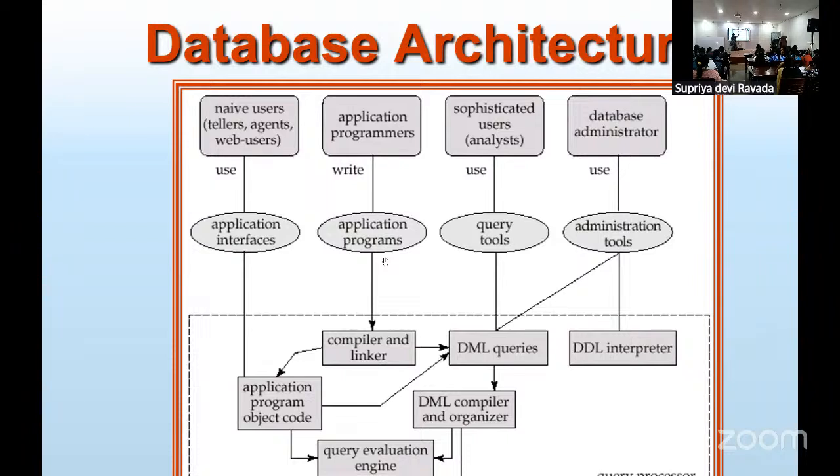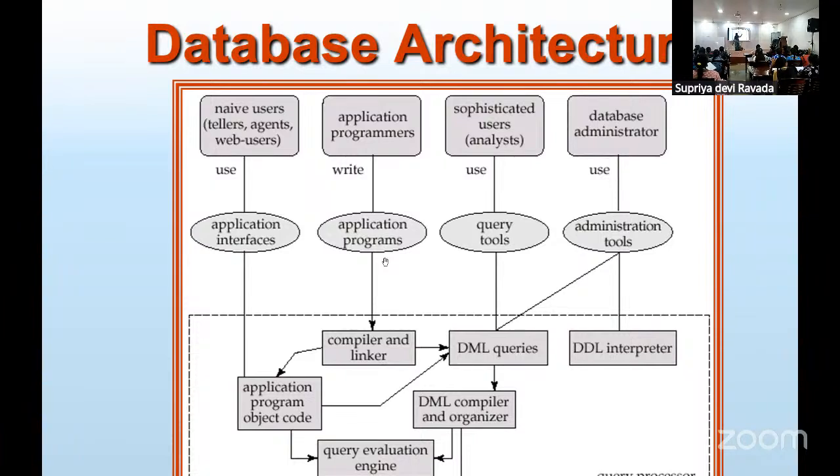Next, who are sophisticated users? These people are also called analysts, who have technical knowledge and also know how to use the query tools. That's why sophisticated users are going to use the query tools. Is it clear?